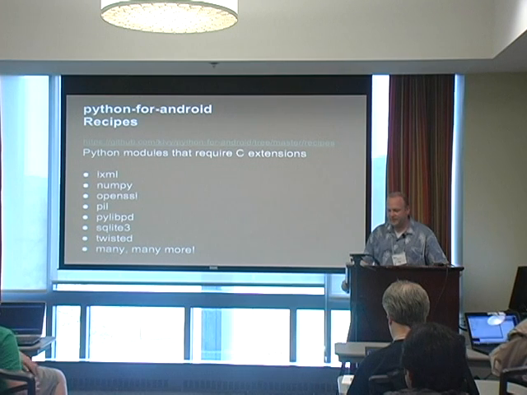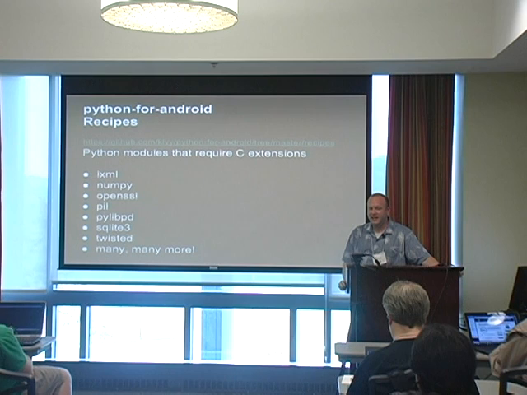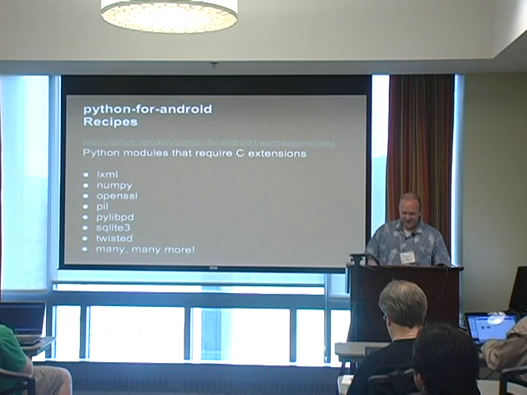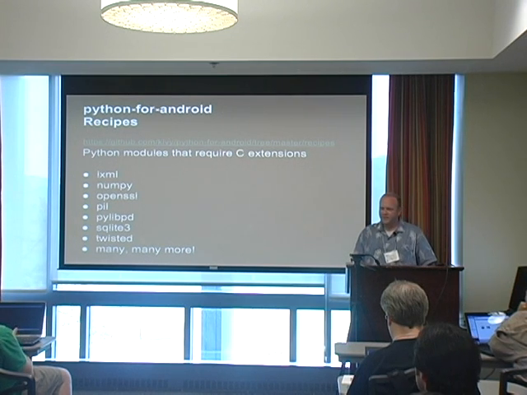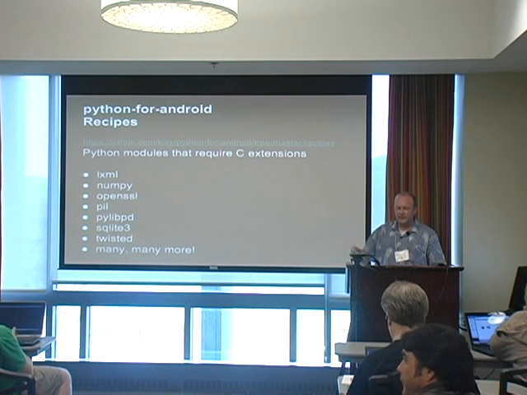I worked on a recipe. I didn't actually write the whole thing, but I fixed it up for PD, which is a sound library. Pretty cool stuff. It can get complicated, but usually it isn't too bad. There are some problems with setup.py, and you have to fidget with it a little, but in all, you can take an existing recipe and adjust it for what you need, and it really wasn't that hard.